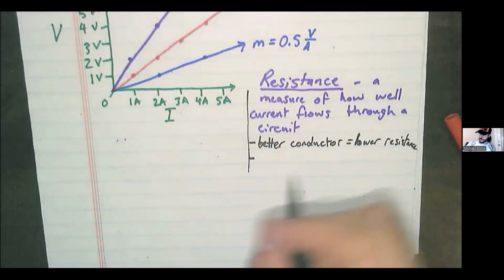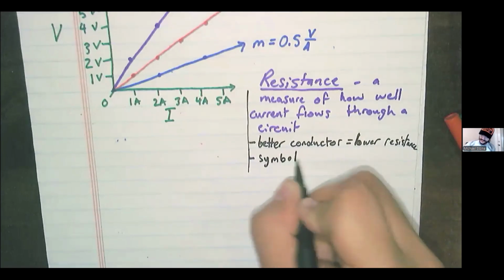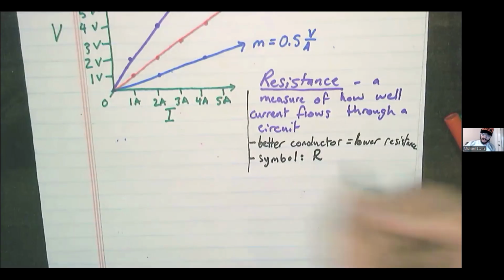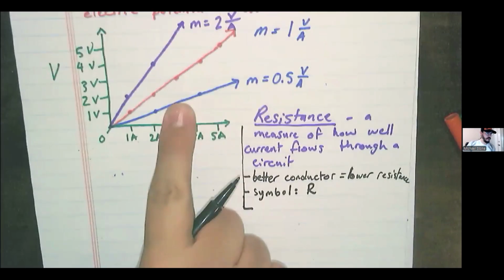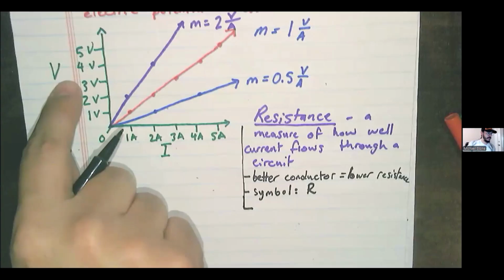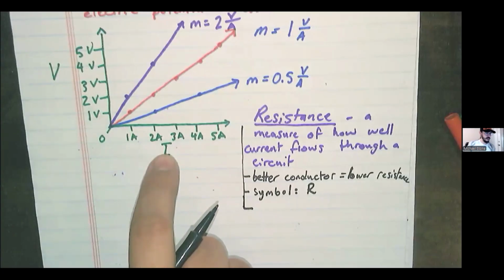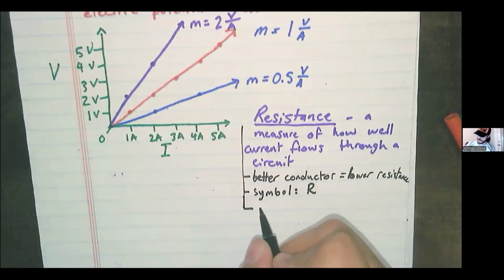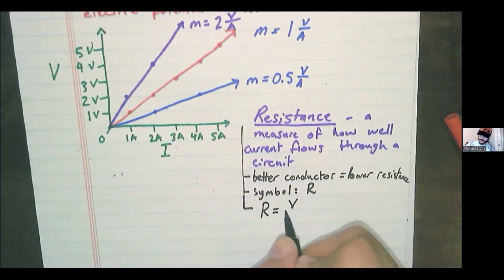So that I don't run out of room to write it again, let's give it a symbol so that I can abbreviate it. And unsurprisingly, the symbol is R. We found the resistance of these circuits by a line with y-axis, the rise, being voltage, and the x-axis, the run, being current. Slope is rise over run, so resistance must be voltage over current.